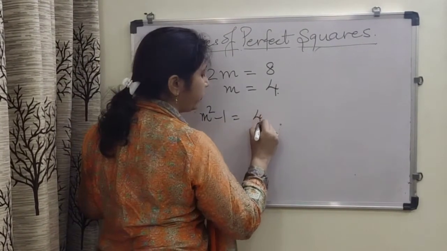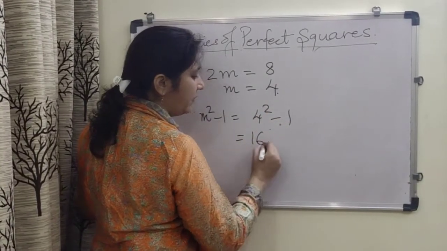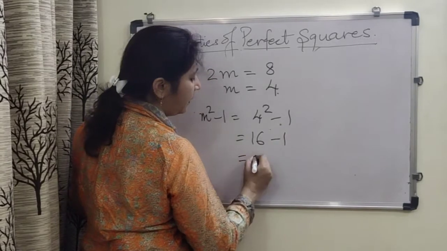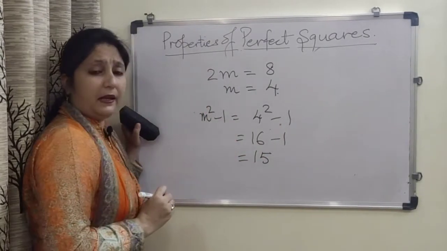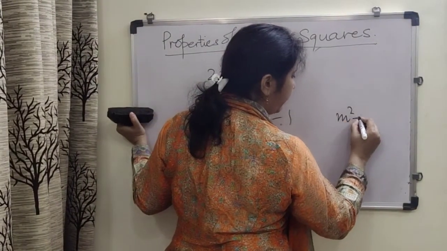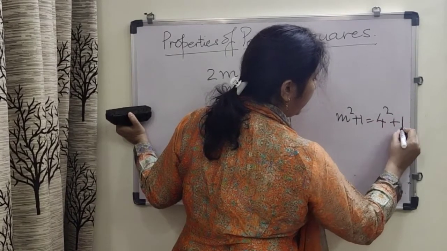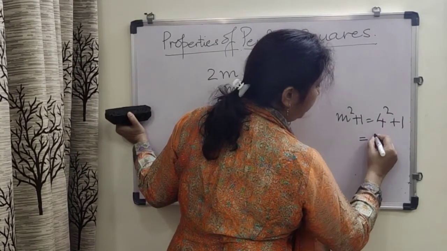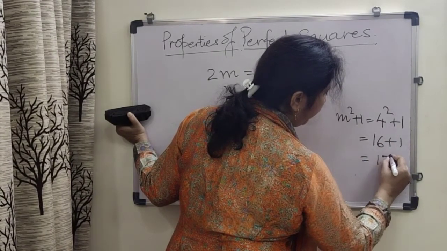So 4 square minus 1. Square of 4 is 16 minus 1. How much is it, children? 15. Clear? And the third member is m square plus 1. It is 4 square plus 1 is equals to 16 plus 1, that is 17.